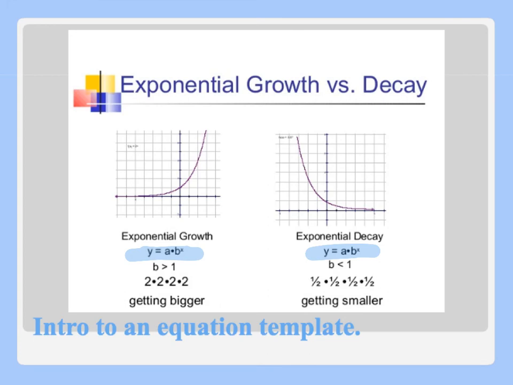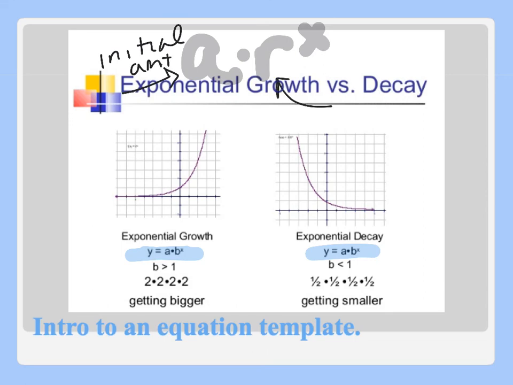We're going to use a times r to the x, where a stands for your initial amount and r stands for the multiplier. I don't like to use b because b stands for the y-intercept in a linear function. It's just confusing to make it something else. So a is going to be your initial amount, r is going to be what you're growing by.